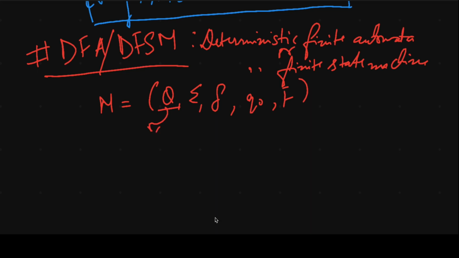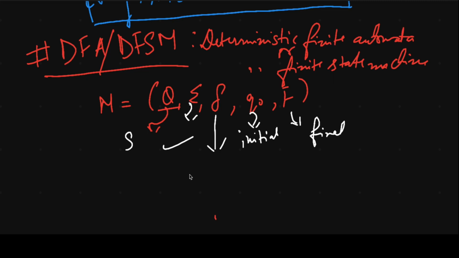Q is our set of non-empty finite states. Sigma is a non-empty finite set of input symbols. Q naught is our initial state. F is our final state, and delta, that is the transition function in DFA, is defined as Q into sigma gives Q.